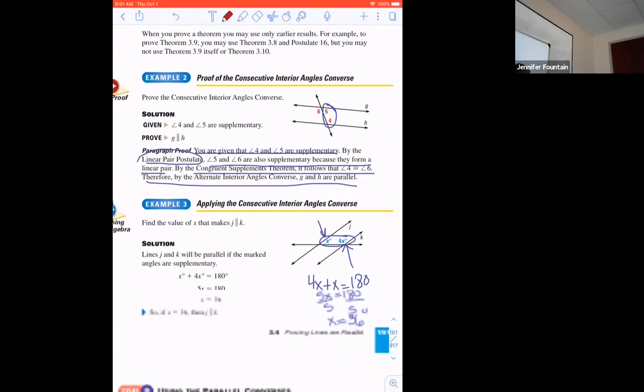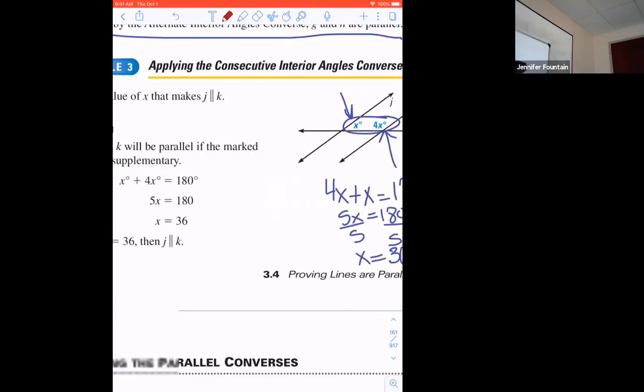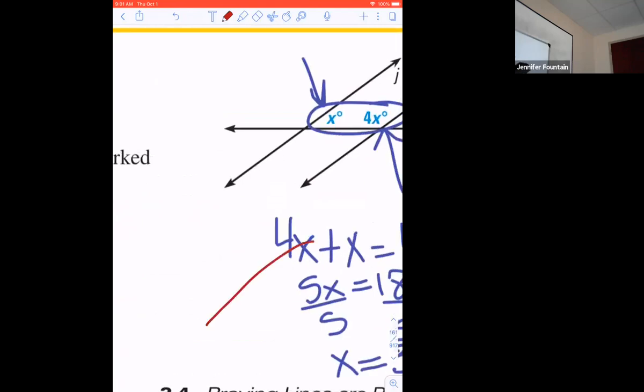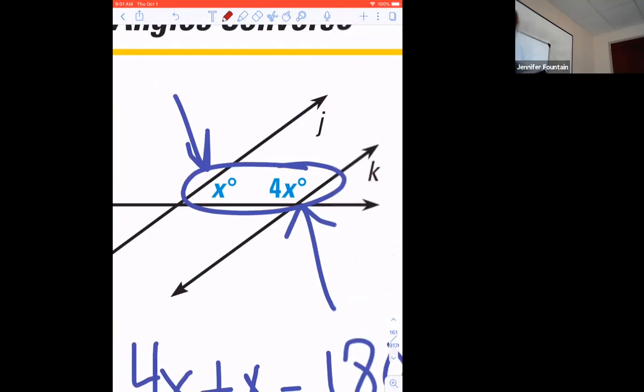Proof of consecutive interior angles, applying the consecutive interior angles converse. So again here, our example that we're seeing is they said, okay, we have put these variables in the location of consecutive interior angles. Therefore, you should know, by knowing consecutive interior angles postulate, that if I add these together, they equal 180. So then I can set up an equation that x plus 4x equals 180, then you can solve.